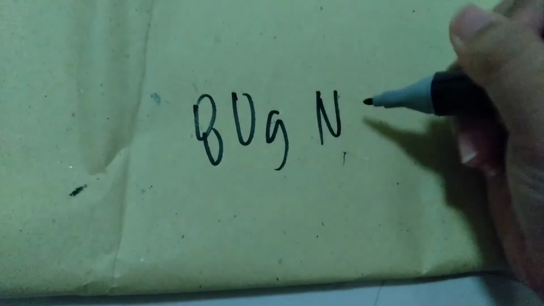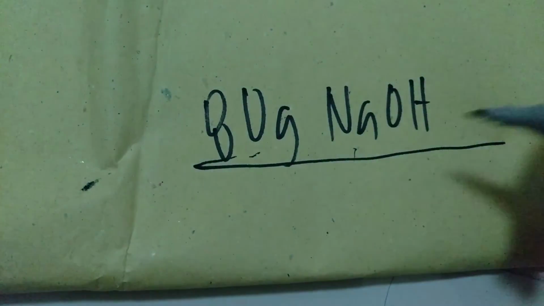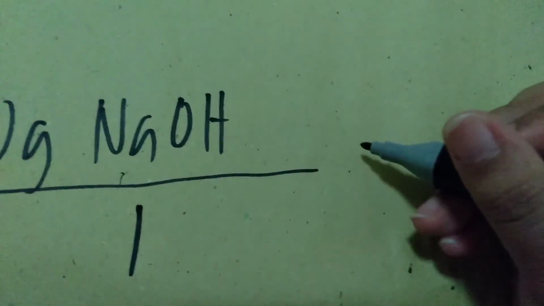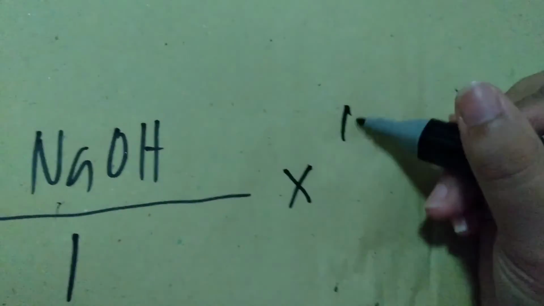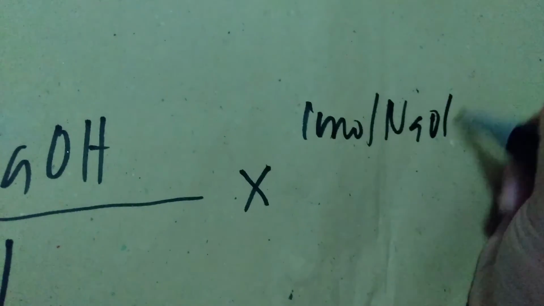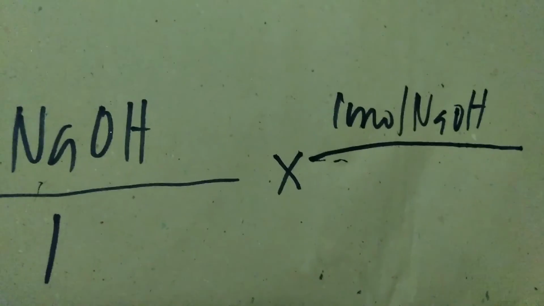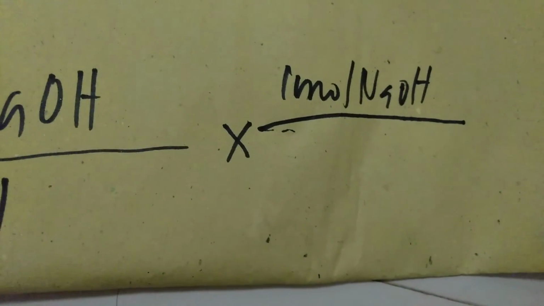So now we have 80 grams of sodium hydroxide over 1, times 1 mole of sodium hydroxide. So we're going to find the molality of the solution.